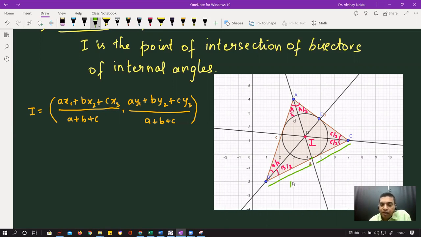Ratio of AB is to AC. So AB is c, AC is b. So this point is divided in the ratio c is to b. Similarly, this line BC is divided in the ratio c is to b by this point. Likewise, you can do for the other points, and then take internal division of this. Again, you will get this result. This is the incenter.